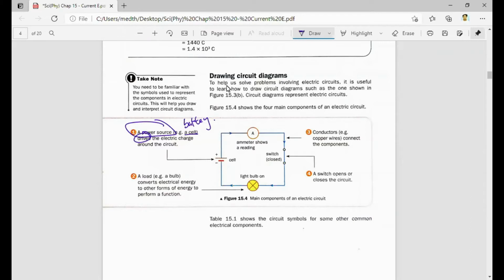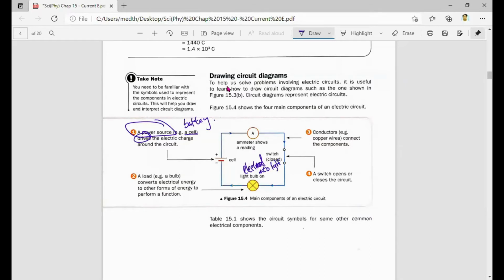Next thing you need is the load. The load is a bulb or resistor or any component that converts electrical energy to another form. A bulb converts the electrical energy into light.